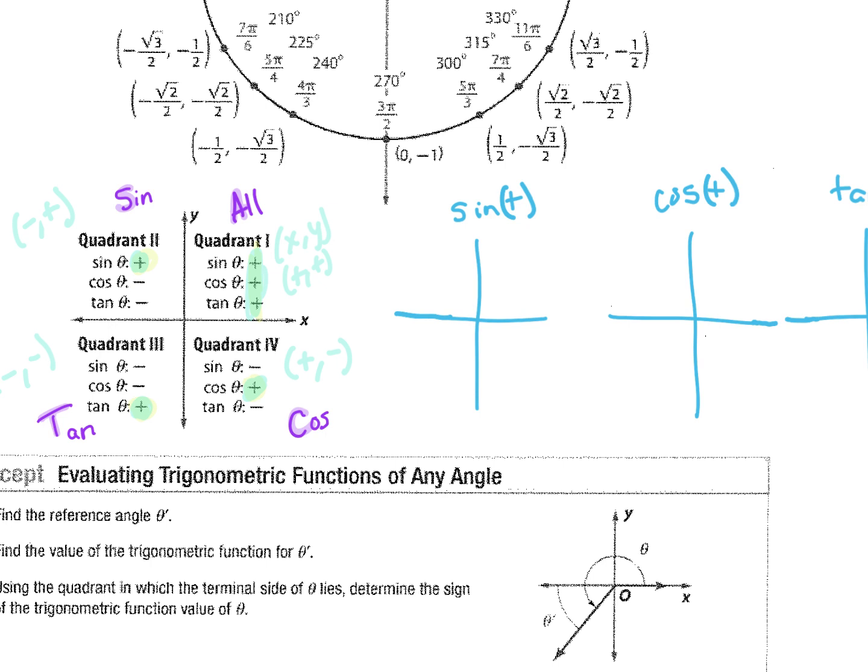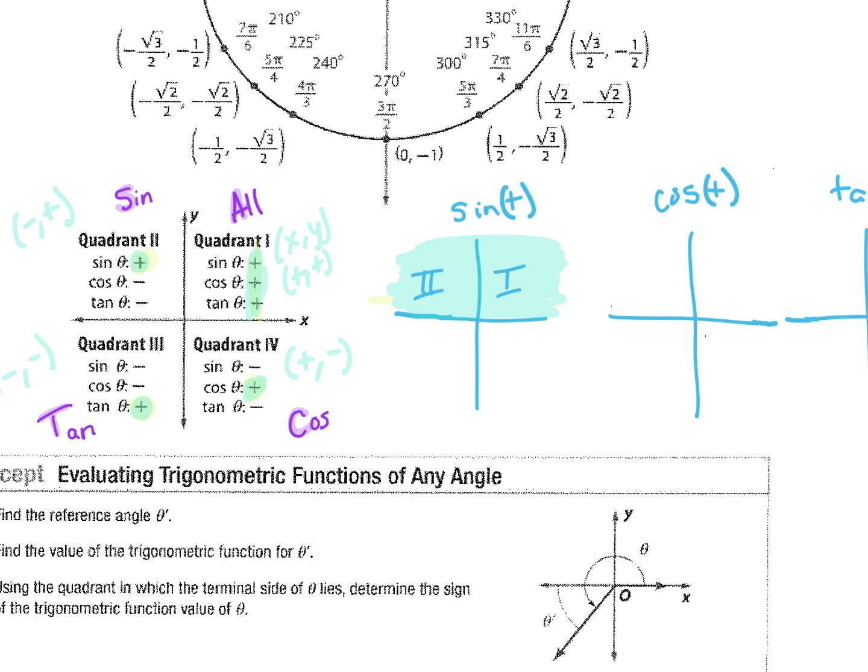So the sine value is positive where our y values are positive, and so visually that's telling us, that's not very dark. Let me go a little darker. Let's use this other color. Let's go with this. So sine values are positive in these two quadrants. So sine values are positive in quadrants 1 and 2.